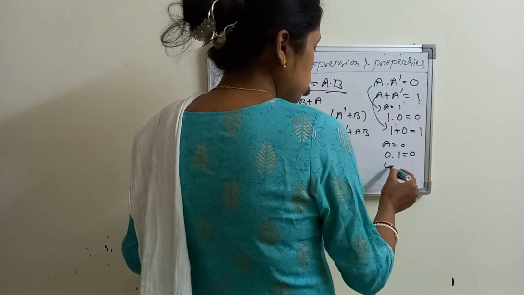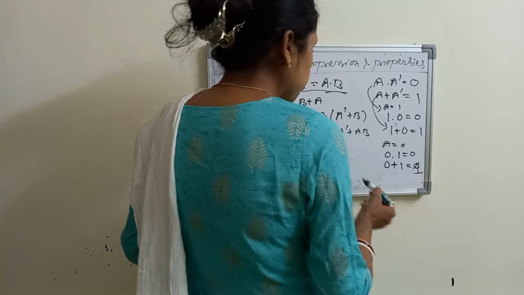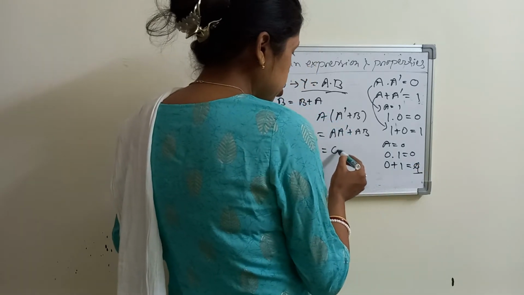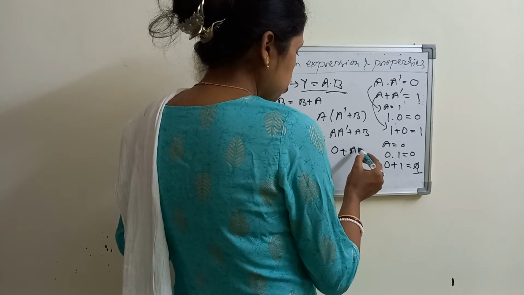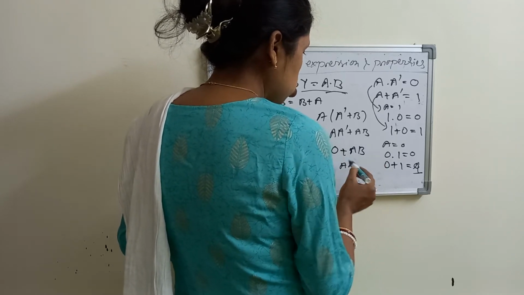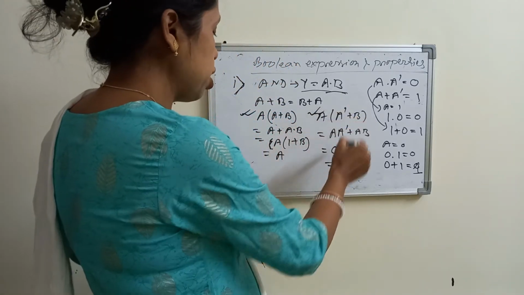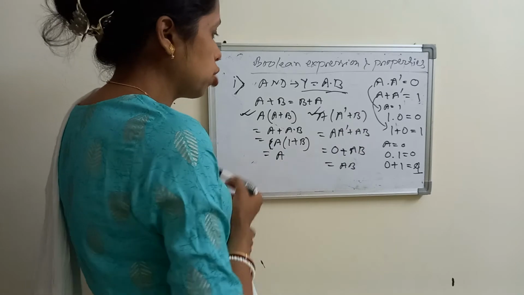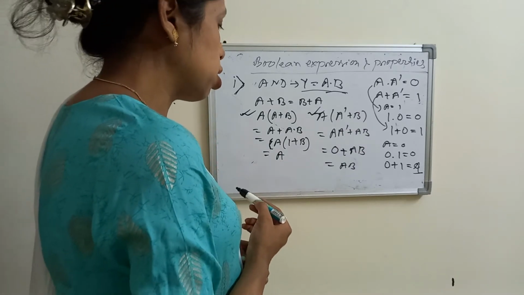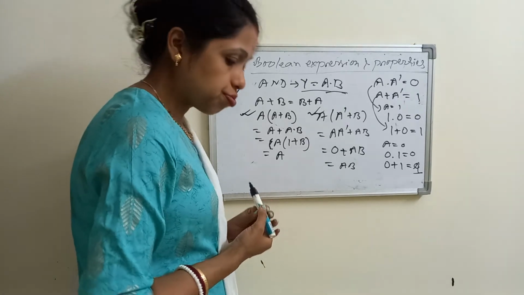Again here, 0 plus 1 is equal to 1, right? So here it is 0, and here it is A, B. So you are getting A, B. If this expression is there, you can write A, B. If this expression is there, you can write A. This you can reduce, right?